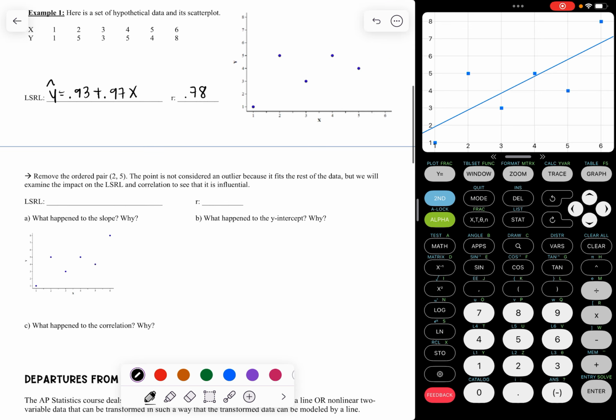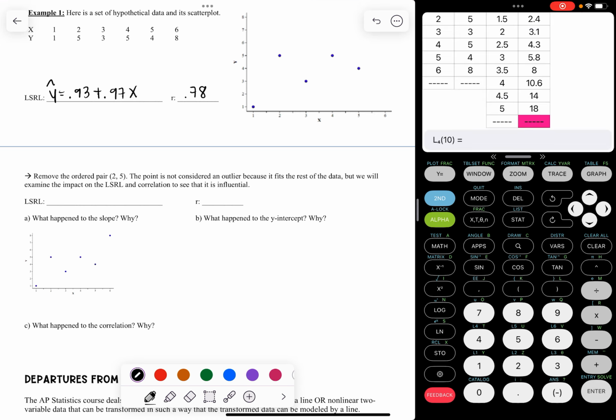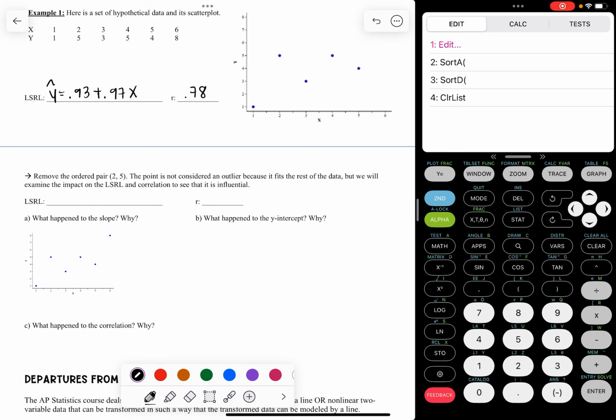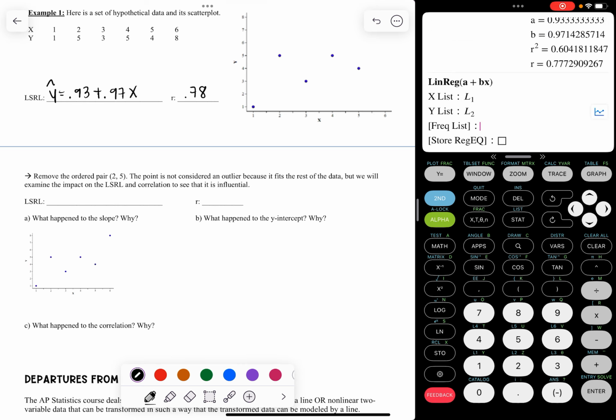Now, they want us to look at this data as if the 25 is an outlier. So I'm going to take that 25 point out of my data. I'm going to go stat, edit, go to 2, delete, 5, delete. And then I'm going to repeat the process. Stat, calc, linear regression, same thing.